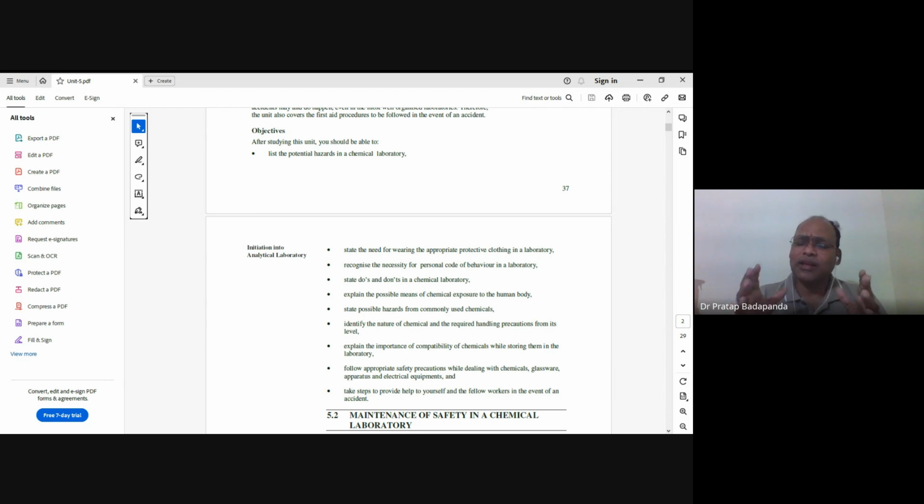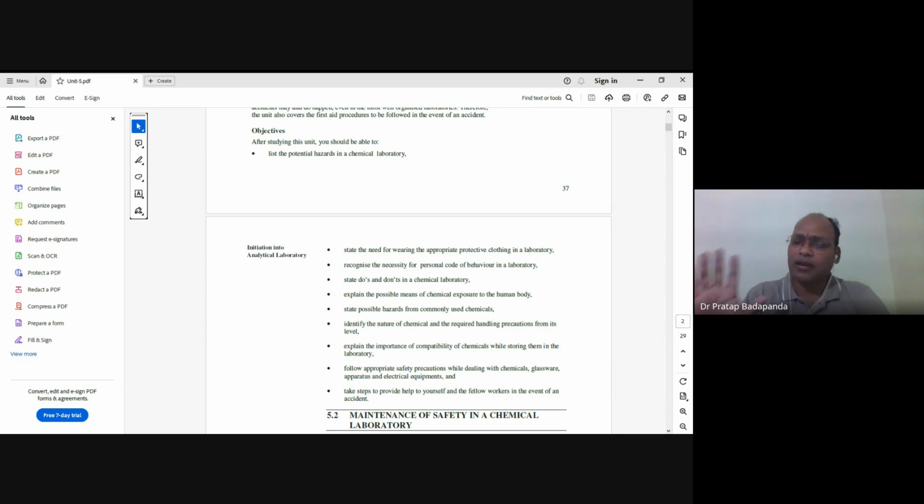So many things, like when you are using any kind of strong acids. One more thing: hydrogen peroxide. I am giving this example because in your daily practice, many compounds like this will come up in your experiments. For hydrogen peroxide storage, you cannot put it in a transparent bottle.